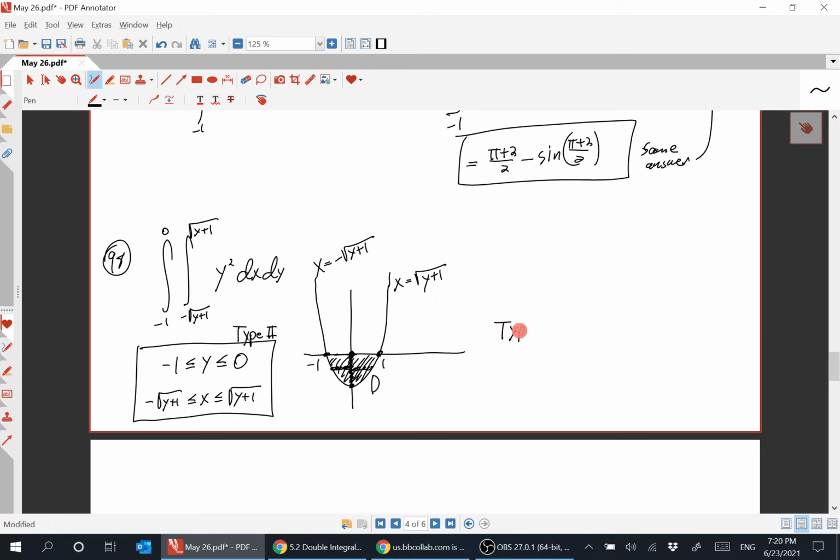Well, what is a type 1 description? Well, what are the bounds for x? Constant bounds for x. What's the range for x here?